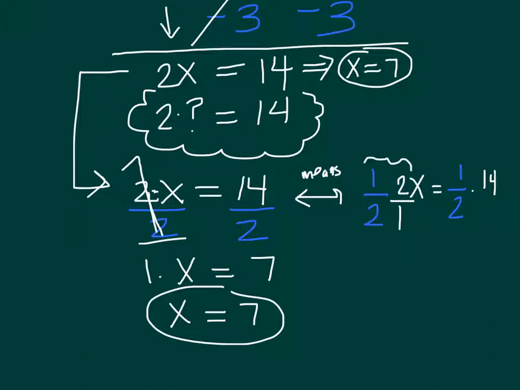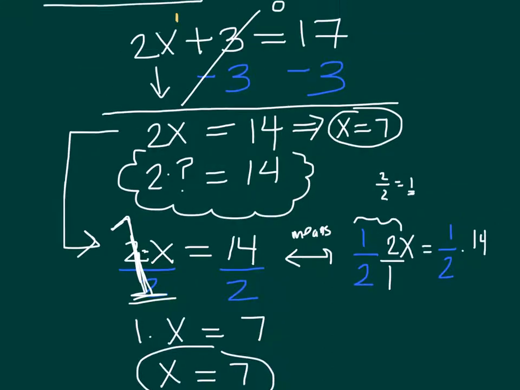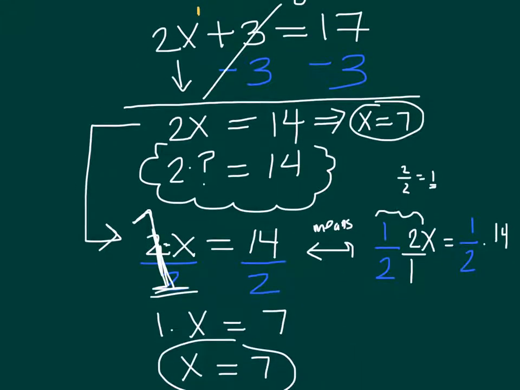If you multiply those fractions, you're just going to get 2 over 2, which is 1, the same one that I have right here, this big one. I want you to understand that when you divide by 2, you're really just multiplying by a half, because you're cutting it in half. So this was a two-step equation because I did two steps. Notice my blue parts: I did minus 3 and then I divided by 2.